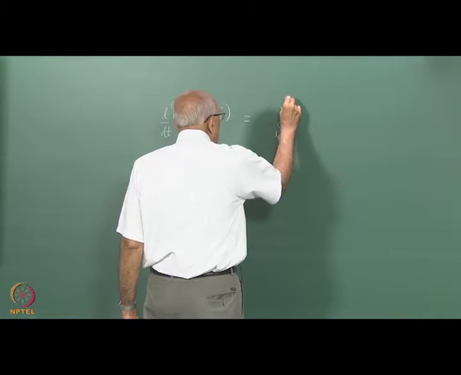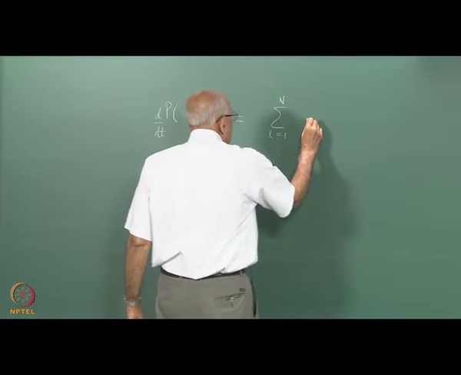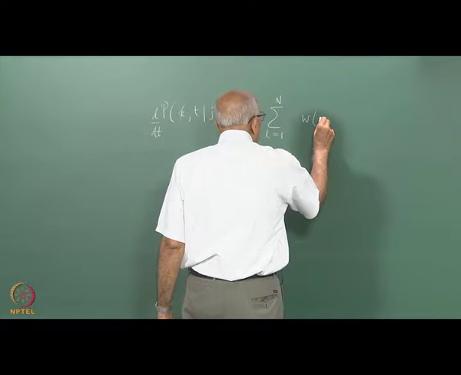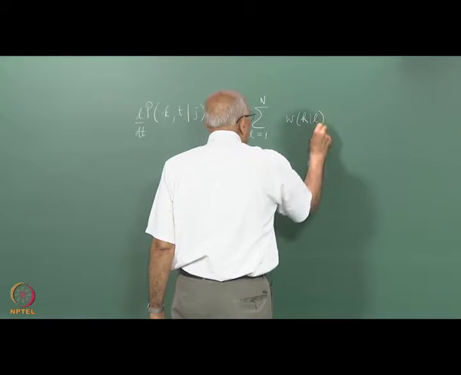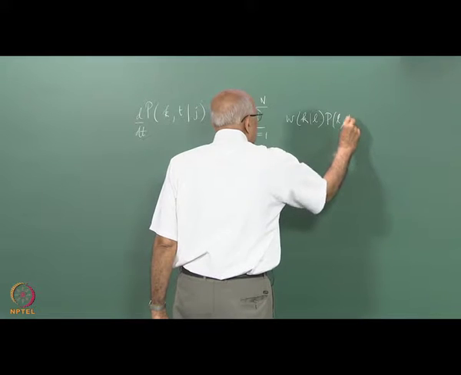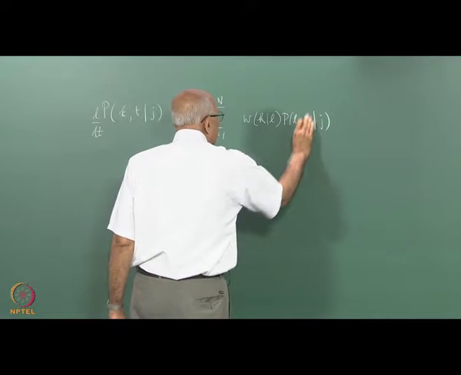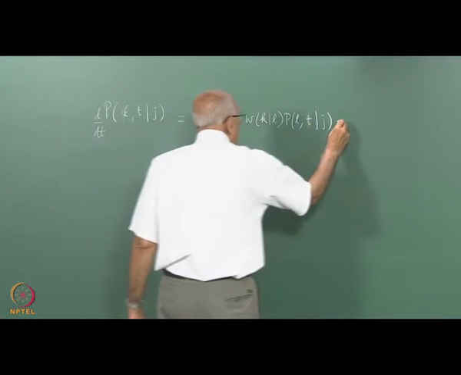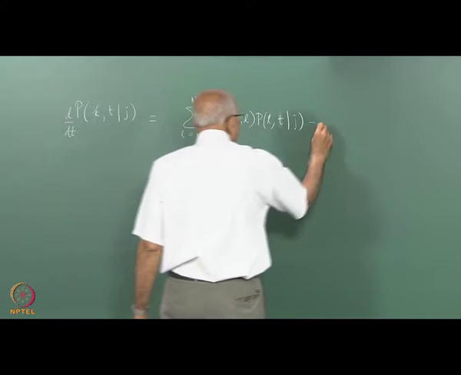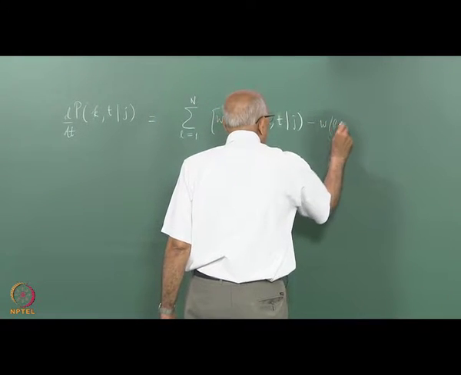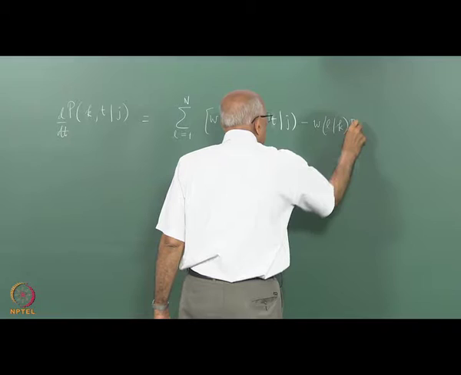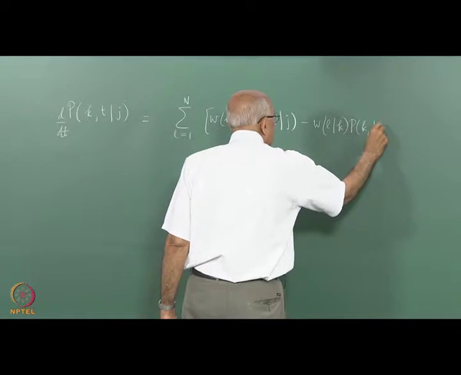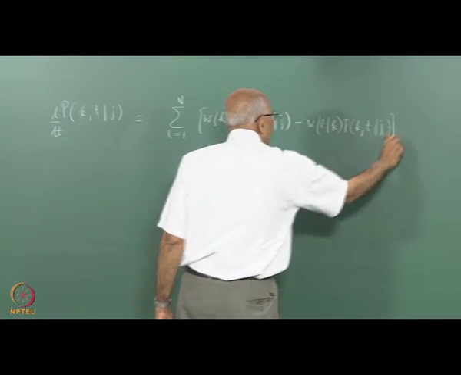So, L equal to 1 to n, W k L P of L, t given j, minus W of L k P of k, t given j.